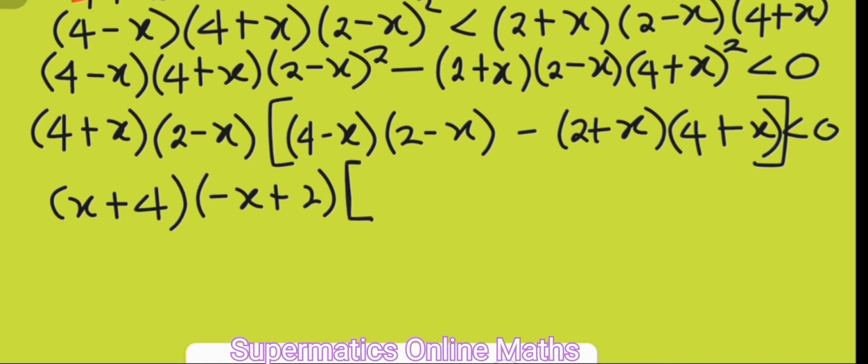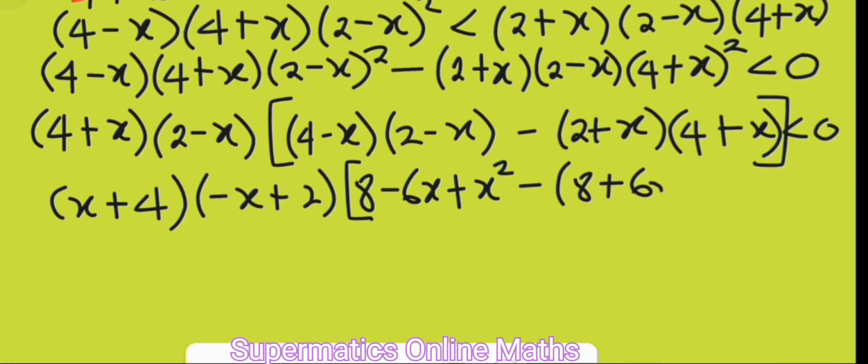And in the big bracket, the first product, (4 - x)(2 - x), will give us 8 - 6x + x², minus the second product, (2 + x)(4 + x), we put them in the bracket first because of the negative outside the bracket, to give us 8 + 6x + x², and everything is less than 0.